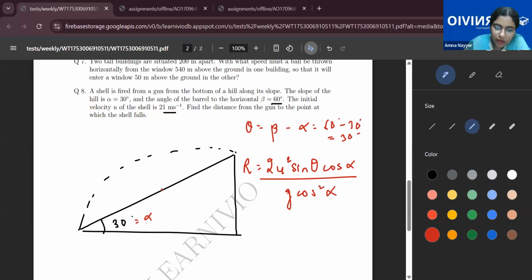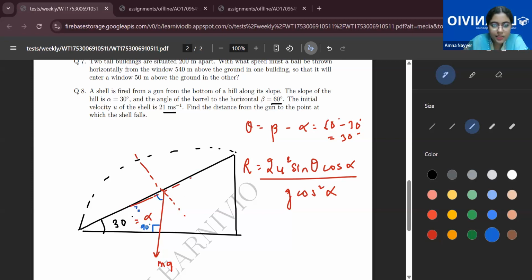Okay. Now, I'll just give you a little hint on how we actually solve this question. Like, how do we derive this formula? See, downwards the weight acts of the body. Okay. Here, downwards the weight acts. Whenever you are resolving anything along the plane or across the plane, you need to find this angle. Now look, this angle is 90 degree.